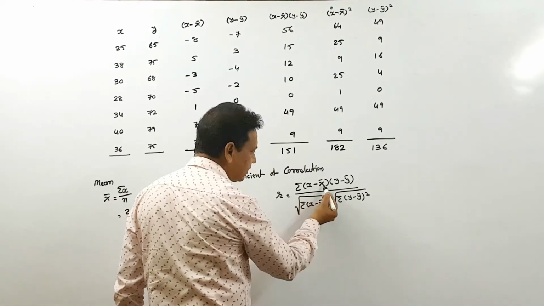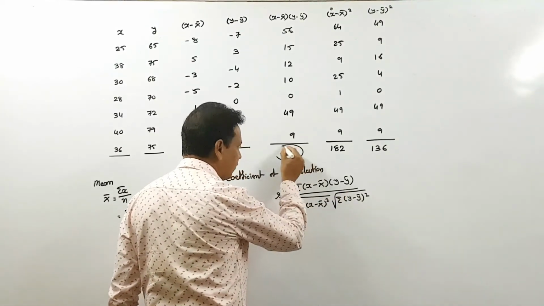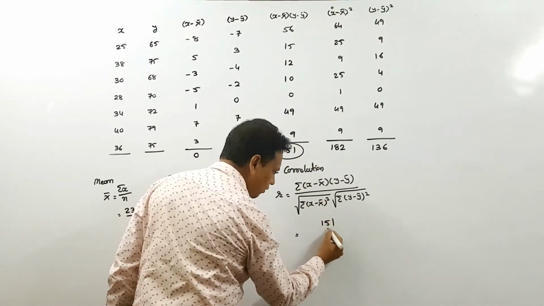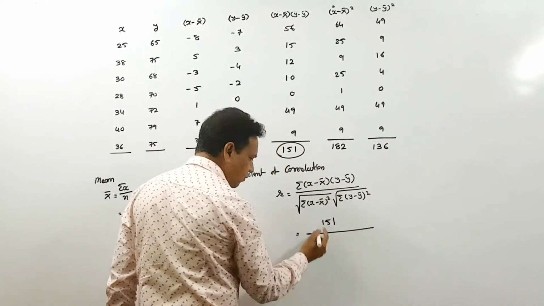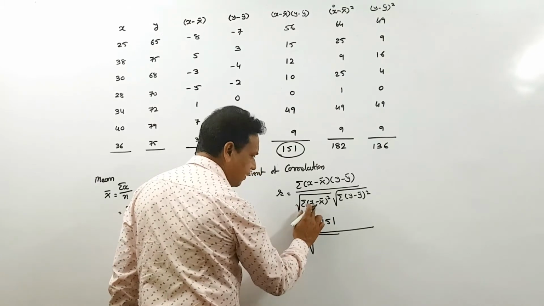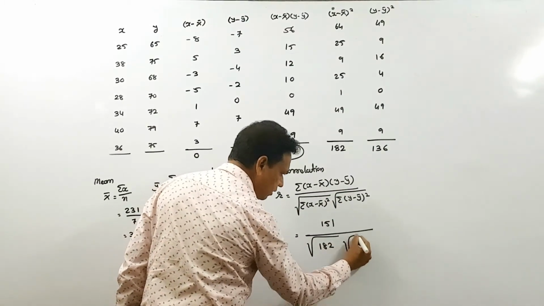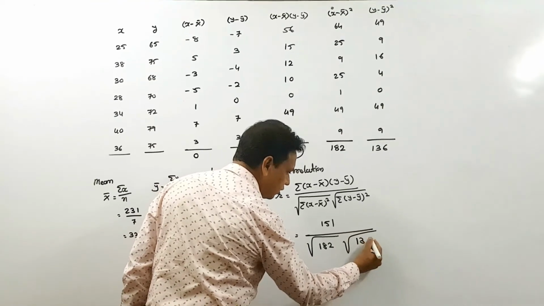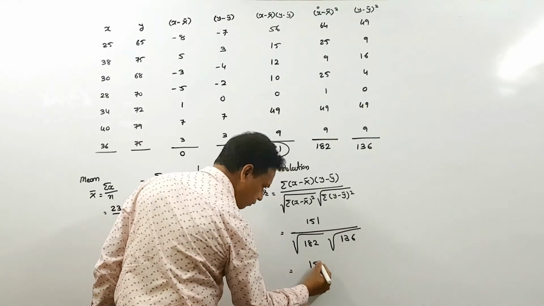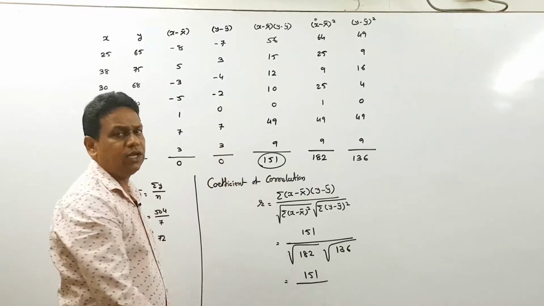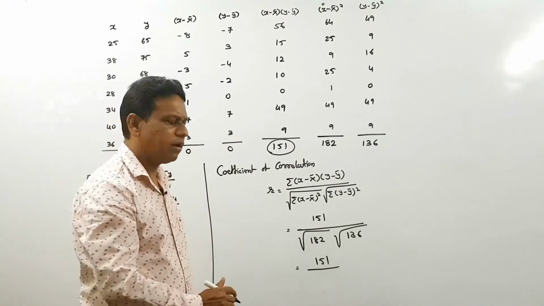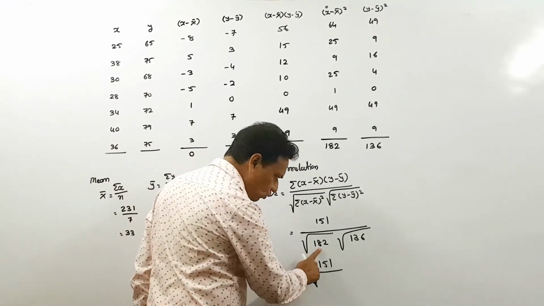Sum of (x minus x bar)(y minus y bar) we have 151, you can use it here: 151 divided by the first root of sum of (x minus x bar) square, here we have 182. Then the other root is 136. So my dear friends, 151. Many students are able to use 182 into 136.